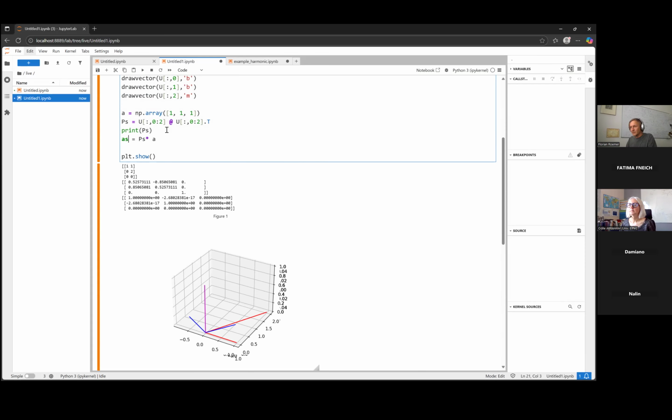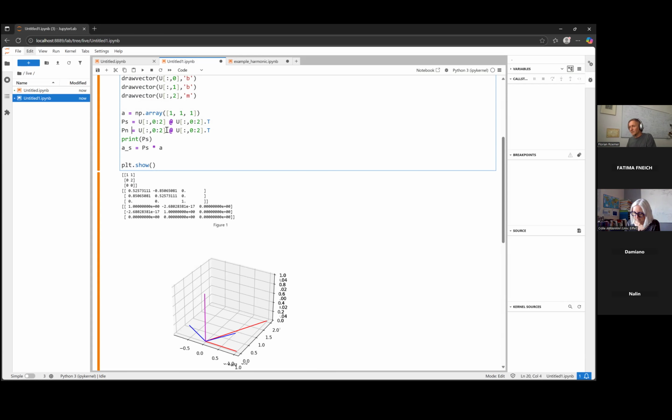Oh no, I cannot do that. AS is PS times A. Yeah. And likewise, we can get a projector PN from this other column, from U2. How do I actually do this? Like this.